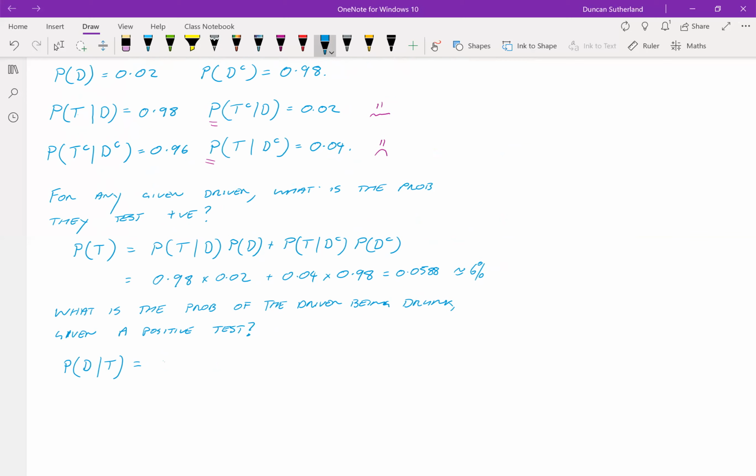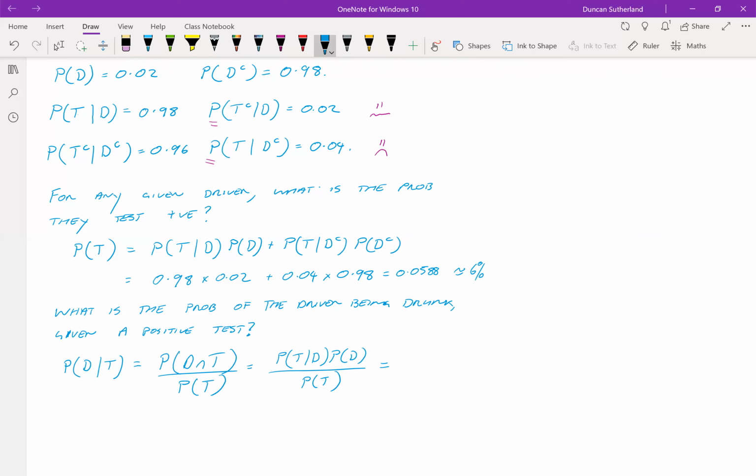So we know that that's the probability of drunk and positive divided by probability positive test, right? Or P(T | D) times the probability of D divided by the probability of positive test, right?